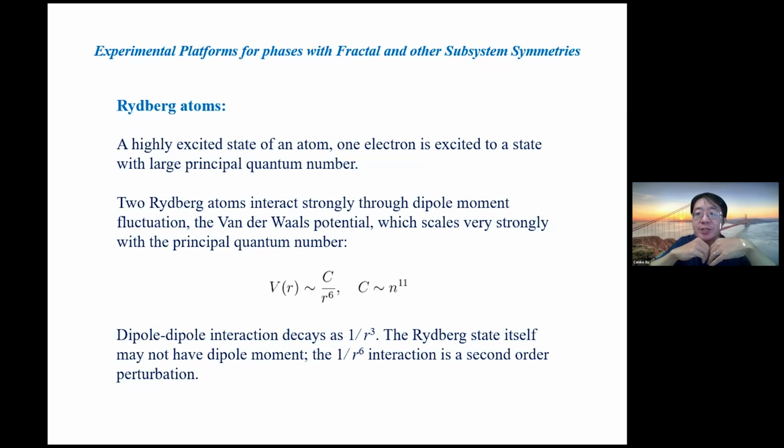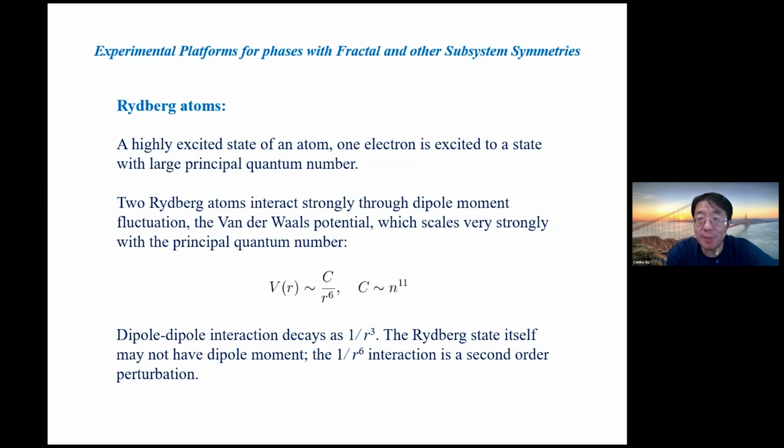But suppose we excite the electron to a state which is also an s orbital, then there's no permanent dipole moment. So the atoms will interact with each other through a second order perturbation. The second order perturbation will give you a 1 over r to the power 6 van der Waals interaction.